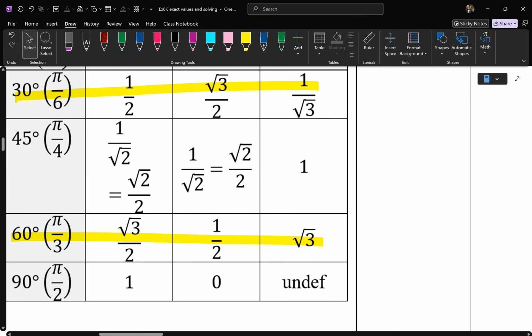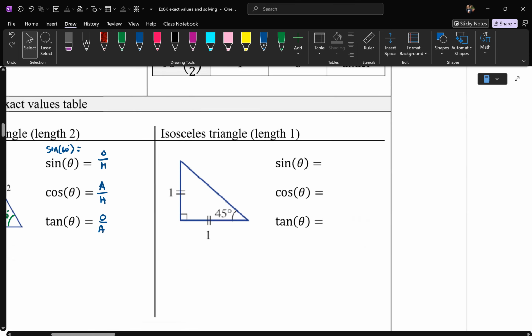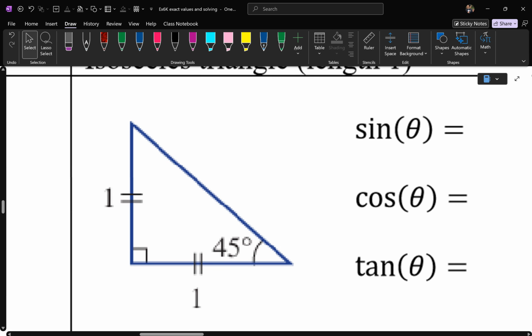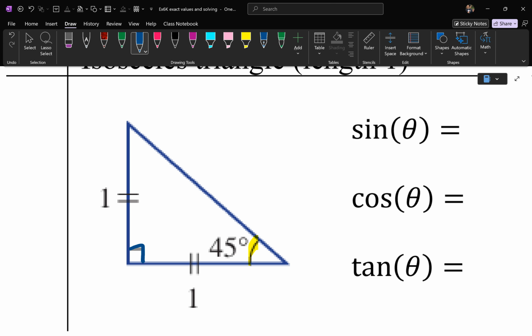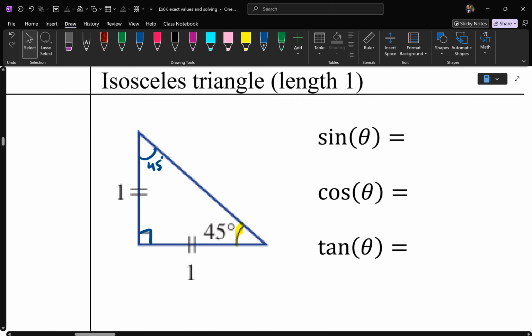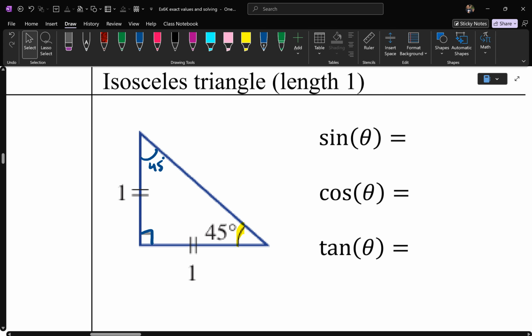So we're missing the 45 degrees part. Well, in an isosceles triangle, if I took a unit of 1 and a unit of 1, and I knew this was 90, well then this must be 45 degrees as well, being an isosceles triangle. And by the same thing again, we can use Pythagoras' theorem to figure out what the hypotenuse is. What's the hypotenuse?